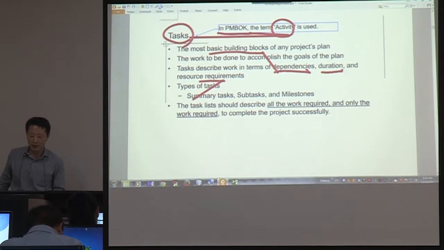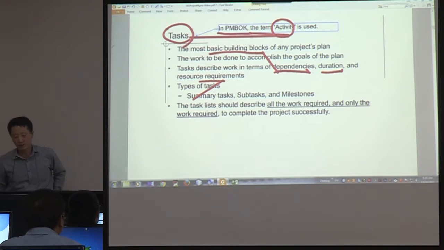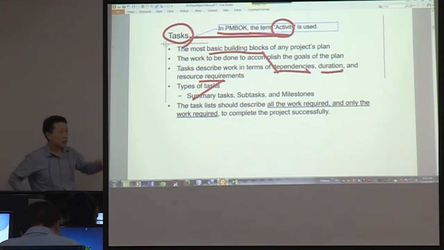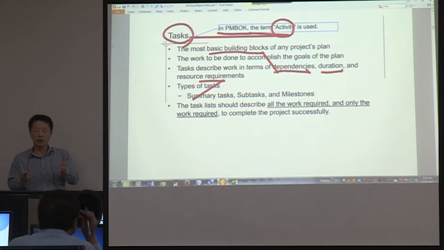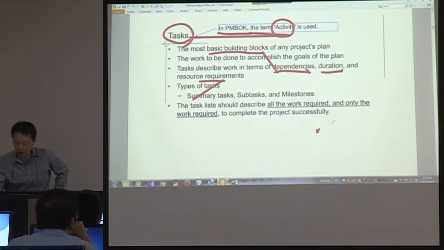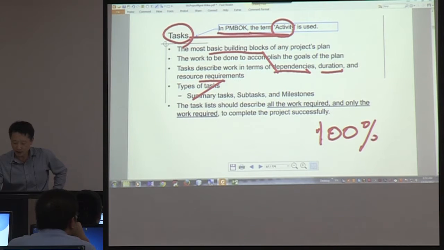And those sets of tasks should describe all the work you should do on the project. So you should include 100% of all the work. You should put it on this task list. Okay.